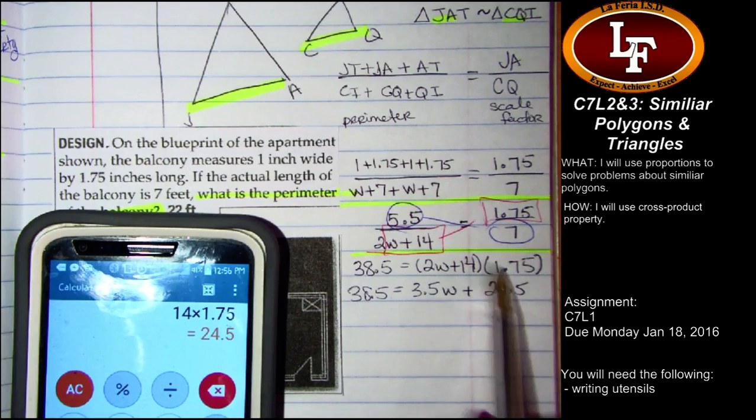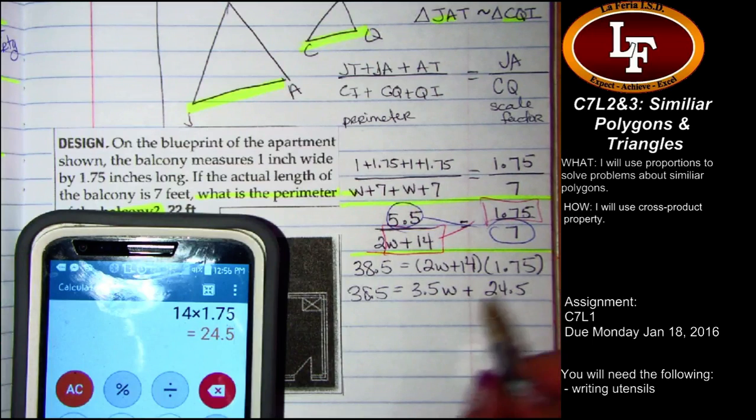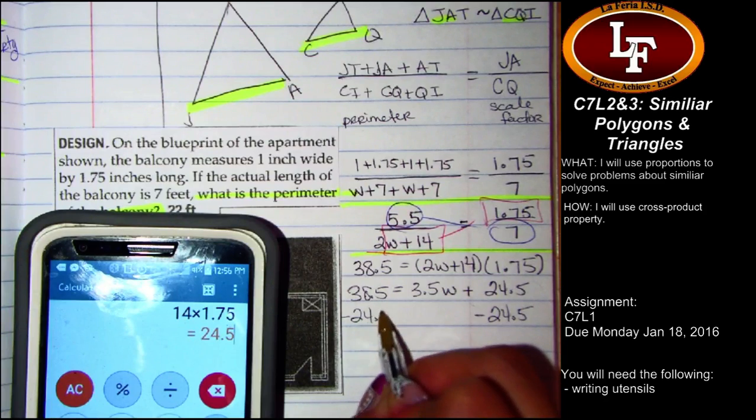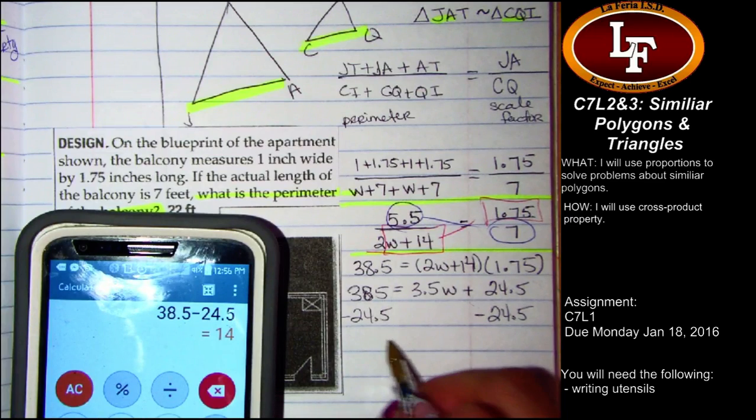I did some distribution right here. That's how I got these. I want to get rid of this addition by 24.5 because it's in the way, and when solving equations, it's always a good idea to get rid of addition and subtraction first. So 38.5 minus 24.5 leaves me with 14.